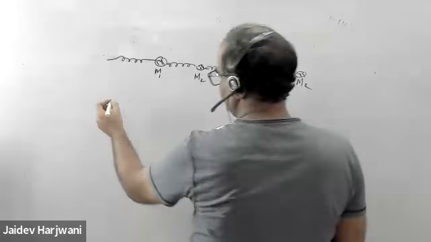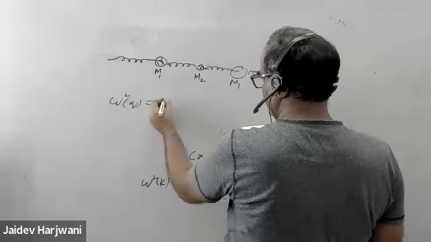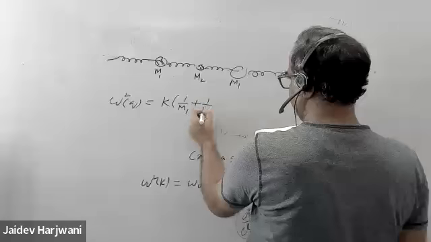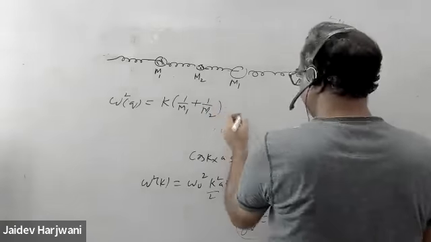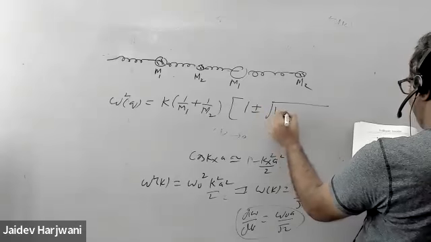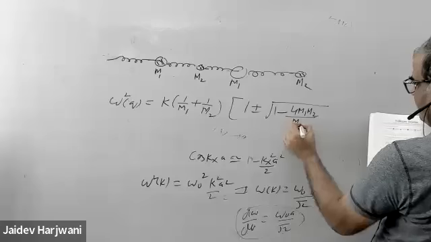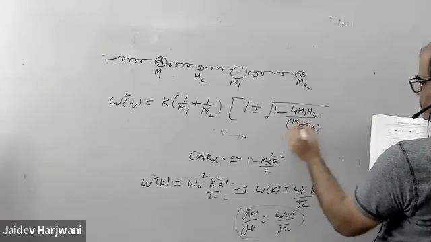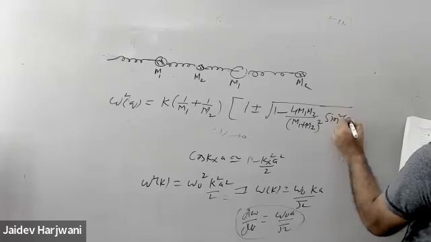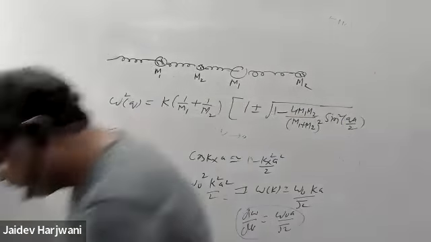And they say the dispersion relation is given by this. Instead of k, they are writing q. Okay, k over m1 plus m2, what we have derived, that is 1 minus the square root of 1 minus 4 m1 m2 over (m1 plus m2) square sin square qa by 2. Okay, the dispersion relation is given.